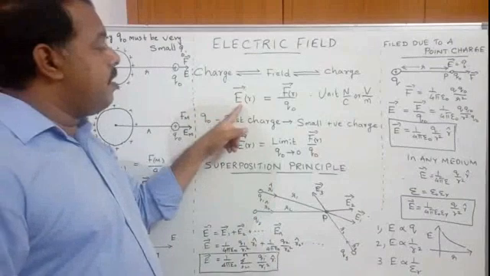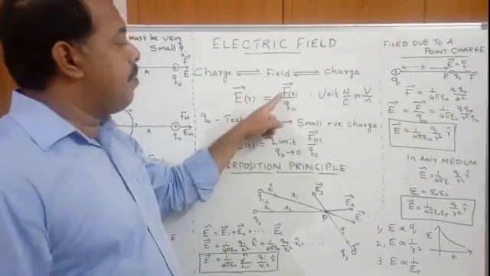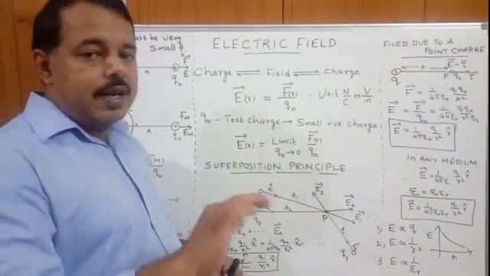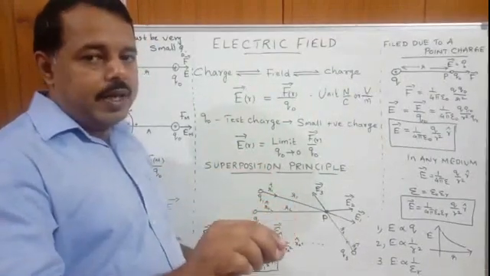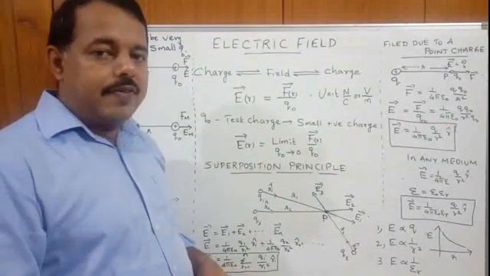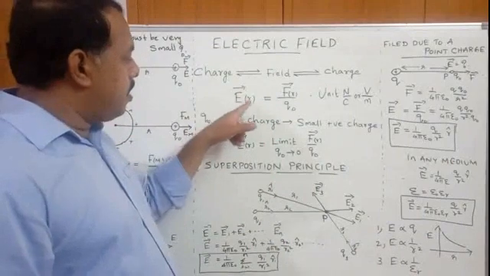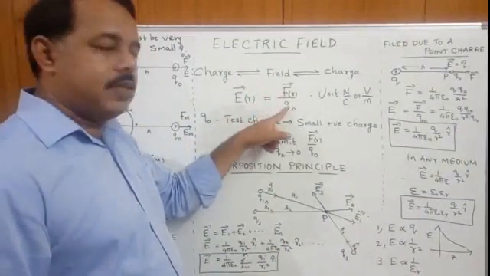Mathematically, the electric field is defined as the force experienced per unit charge. So if there is an electric field, I am going to place a positive charge over there, then the force per charge is the electric field at that point. So it is defined like this: electric field at any point r is equal to electrostatic force per unit charge.